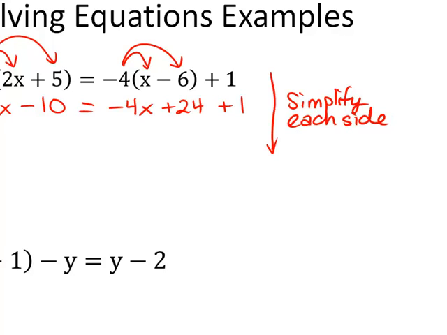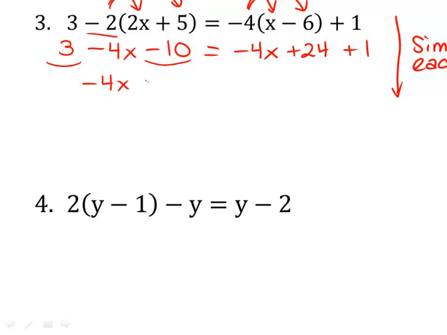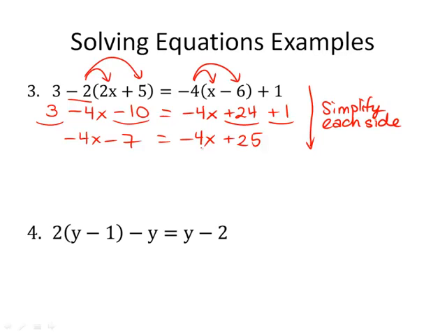So let's combine like terms now. We've got a positive 3 and a negative 10 on this side that can be combined, so we've got negative 4x and negative 7. Next, we've got 24 and 1, which becomes positive 25, and the negative 4x stays.